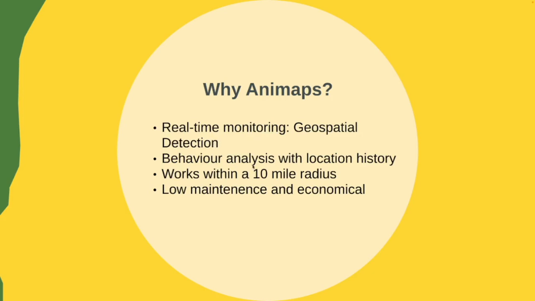The behavioral analysis to understand whether an animal is functioning normally is done through the location history. With the presence of a MultiTech Conduit, we're able to work within a 10-mile radius in line of sight, which means you'd be able to cover large farms and a large number of animals. Because it is low maintenance and economical with the use of an xDot, you'd be able to scale and track many animals very effectively and gain more out of the system.